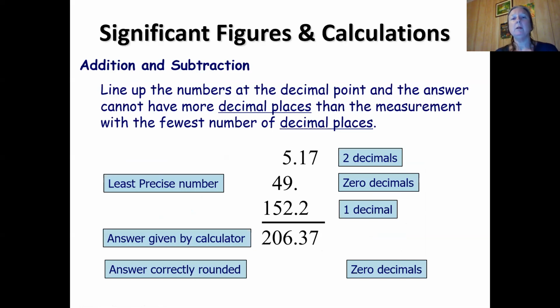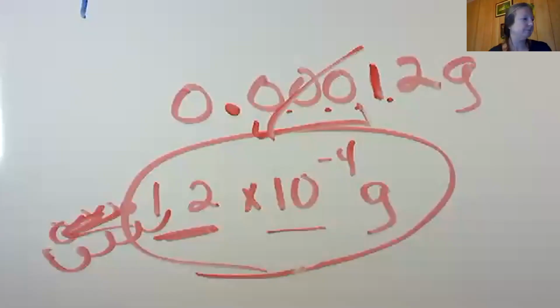If you are adding or subtracting, you're not counting, you are lining up your decimal place. Okay, so I'm going to go back to the whiteboard. And I don't have that example in front of me, darn it.